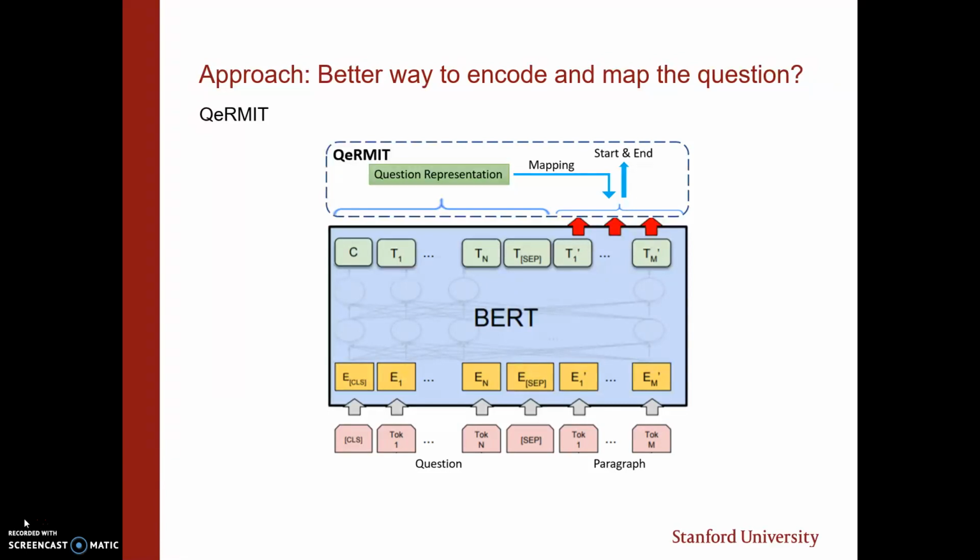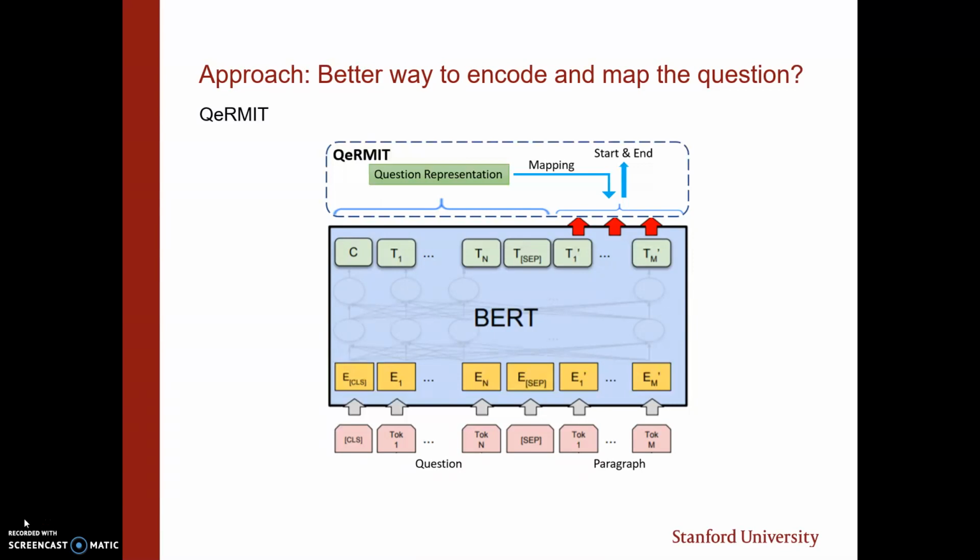So our approach, we started with looking at what does BERT do, how does BERT predict start and end tokens. BERT uses only the context final hidden layer during the fine-tuning phase. We believe that this does not allow BERT to focus as much on the question representation.